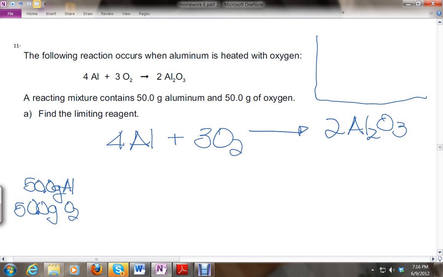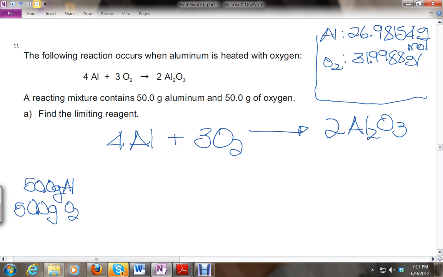Aluminum would be 26.98154. You know how to calculate the molar mass. I'm not going to calculate it because it's going to take too much time. O2 would be 31.9988 grams per mole.